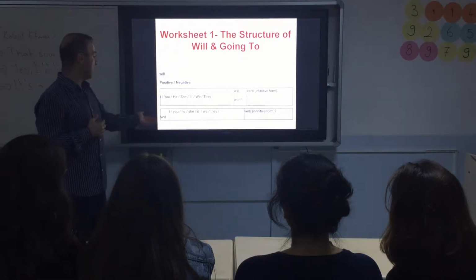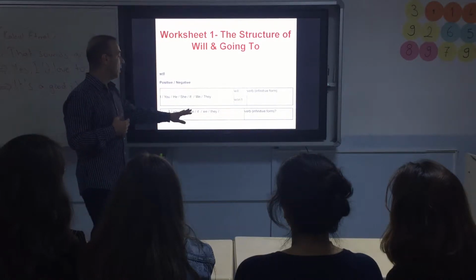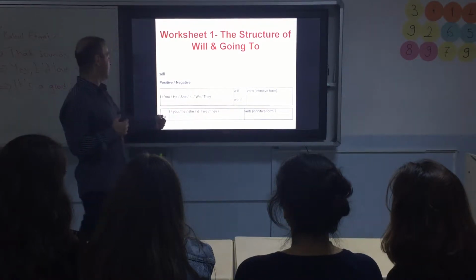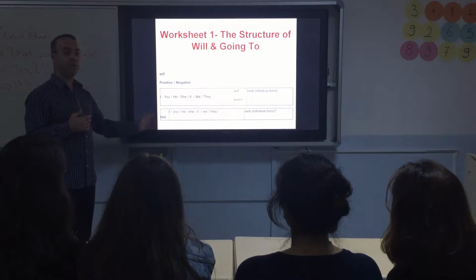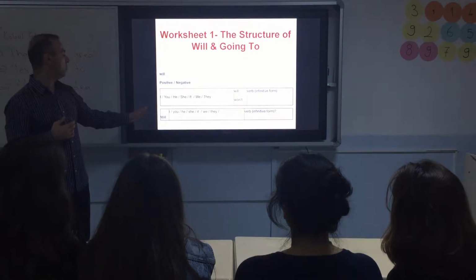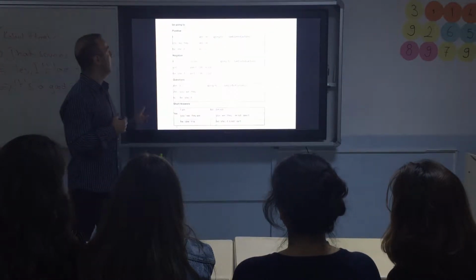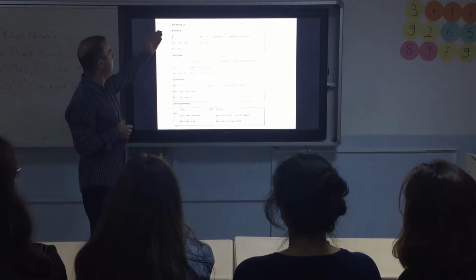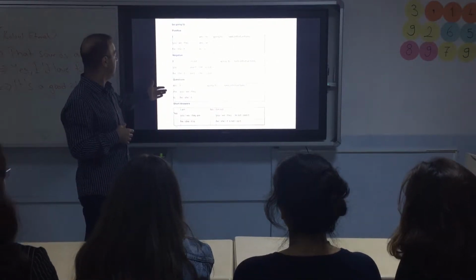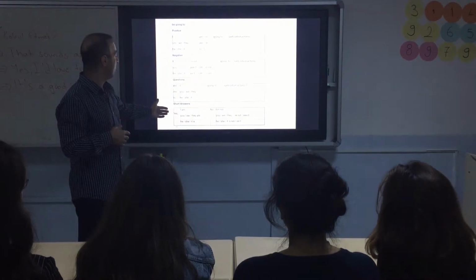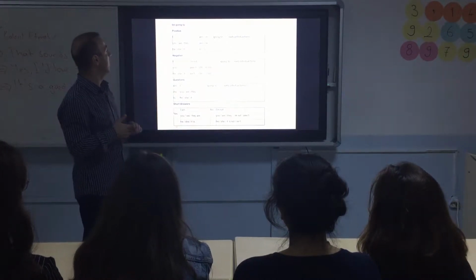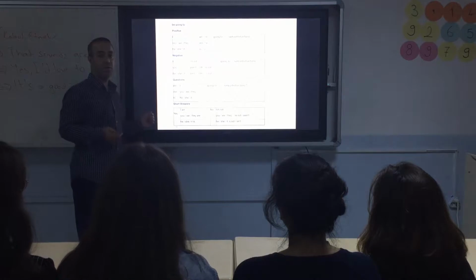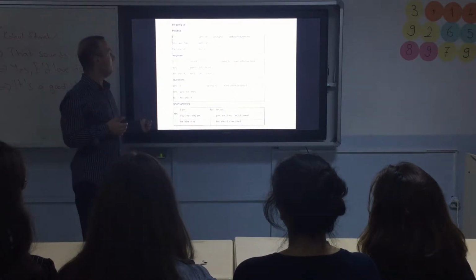For asking questions, interrogative types, we put the will at the beginning of the sentence. And for going to, this is the positive and negative and the question types and short answers. These are our structures, okay?